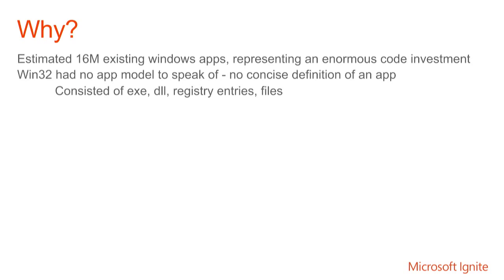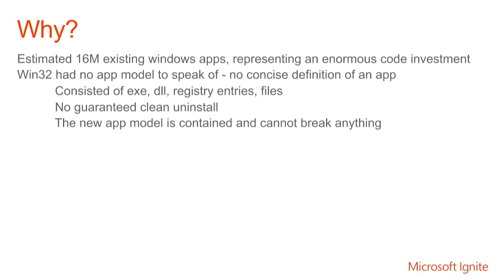And that's not something, as I'm sure you all know, that's ever been managed particularly well. And because of that, you can't ever guarantee a complete and clean uninstall. So the app model that we're moving to is contained, can't interfere with anything else, can't break anything else.